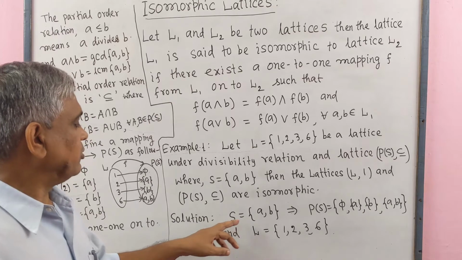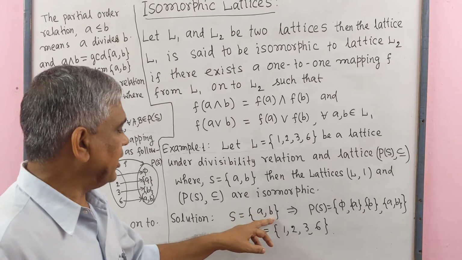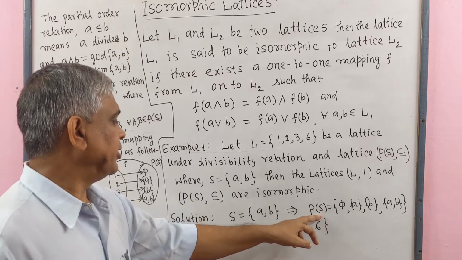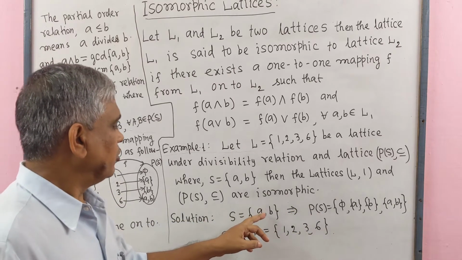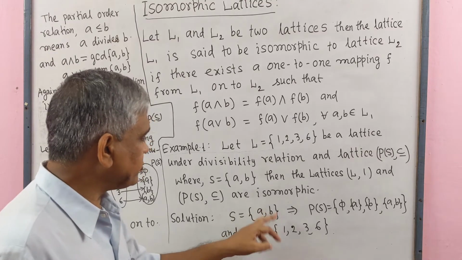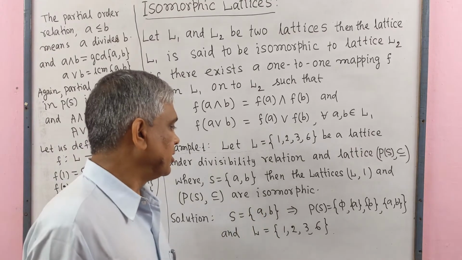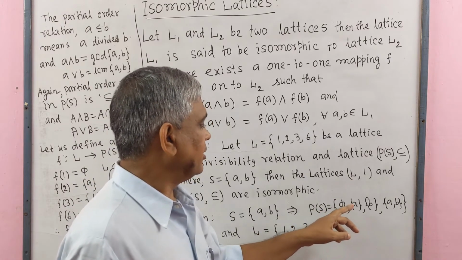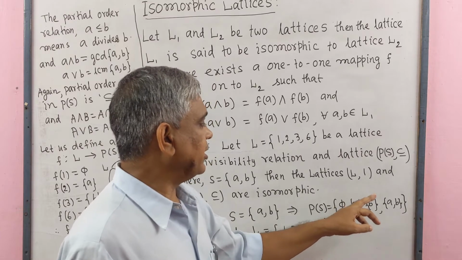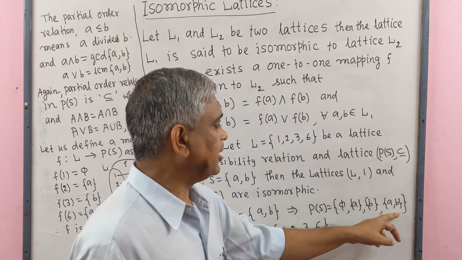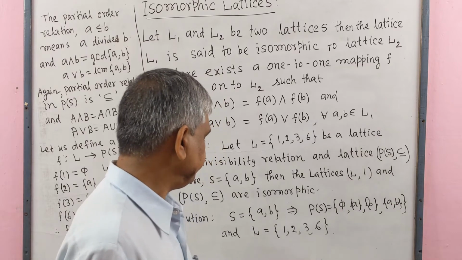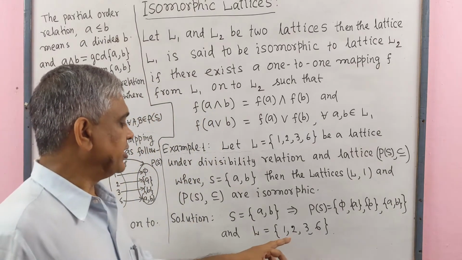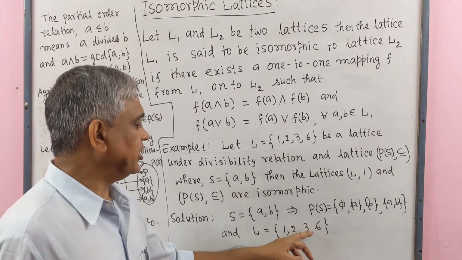Let S equal a set containing elements a and b. Therefore the power set of S will be the set of all subsets of S. That means P(S) contains phi, the set containing element a, the set containing element b, and the set containing elements a and b. Also given that L equals the set containing elements 1, 2, 3, 6.